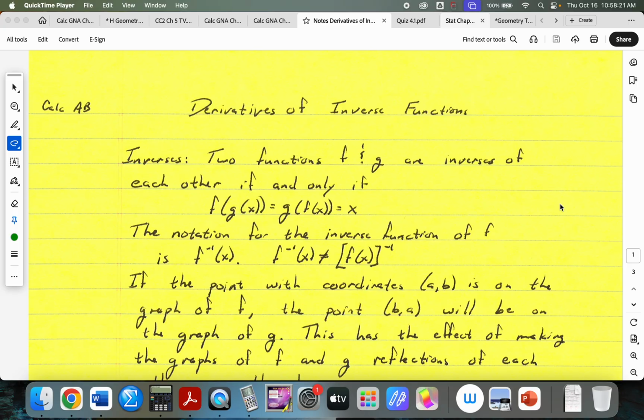The notation for the inverse function of f, well, this must have been decided by an algebra teacher because I hate it. They write f and it looks like it's being raised to the -1 power. Such a terrible choice. Doesn't it look like it's to the -1 power?